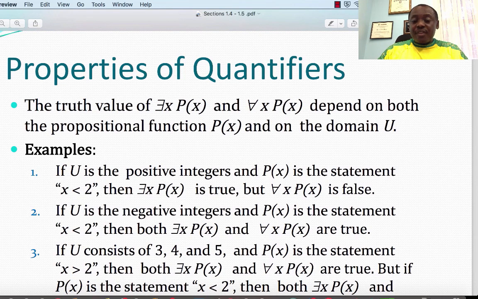But if I say for every X, P of X, that means for every element X in the set of positive integers, X must be less than 2. I just pick the number 3. And so for every X, P of X is false. And that all depended on the domain. And of course, the statement, the predicate, the propositional function.